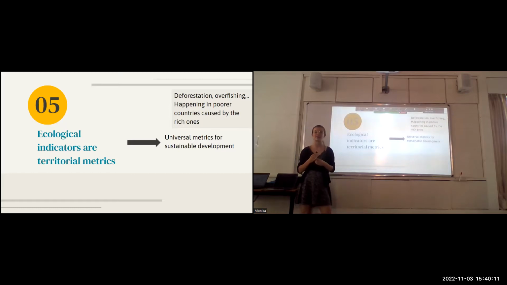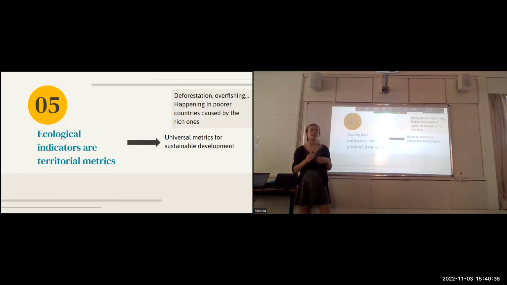For example, Norway has a lot of oil plants in Argentina, which affects the economy and development there, because it affects the tourism and the fishing industry. Oil plants are not something good for the environment, but Norway is ranked 3rd or 4th in the SDG index because they're not doing those things in their own country.